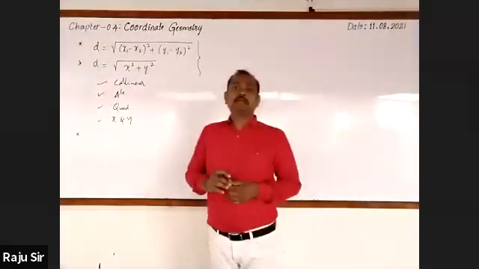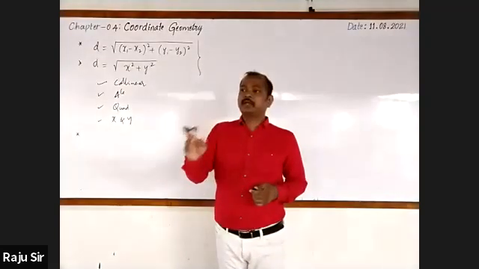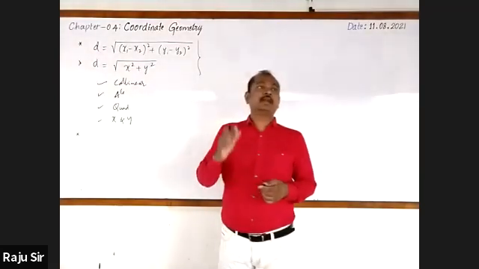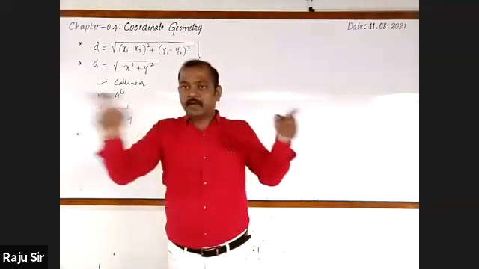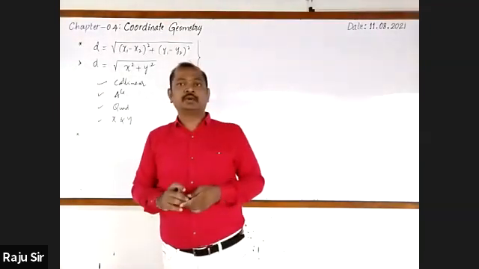The next formula is the section formula. This formula is used to find the coordinates of the point which divides the given line in the given ratio.